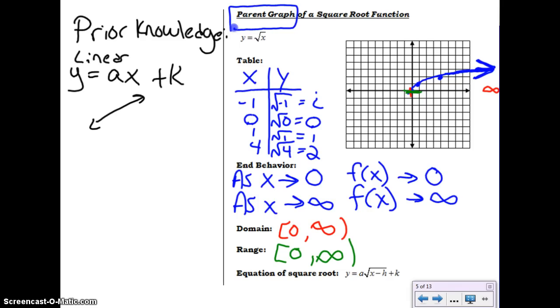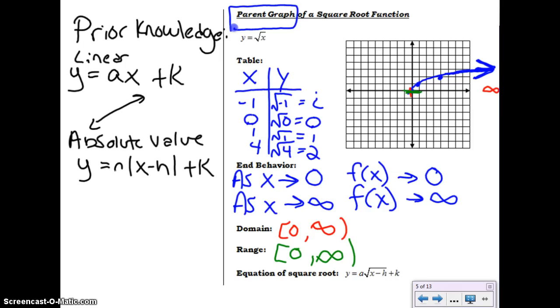Then we had the absolute value function, and that was y equals, and we had x minus h in the absolute value. The plus k was on the outside and the a was on the outside. The absolute value graph looks like a sharp V. And then the other one that we graphed like this was the quadratic function.